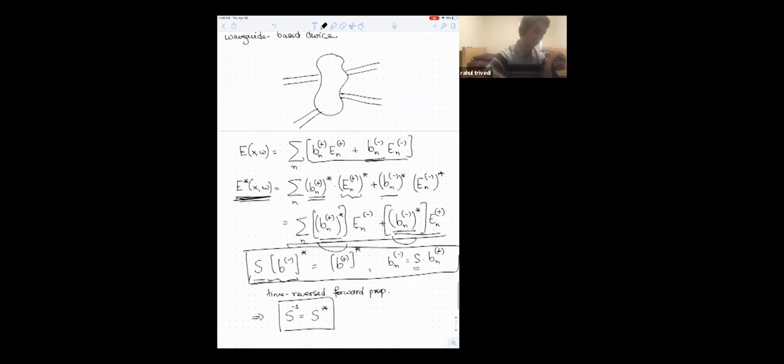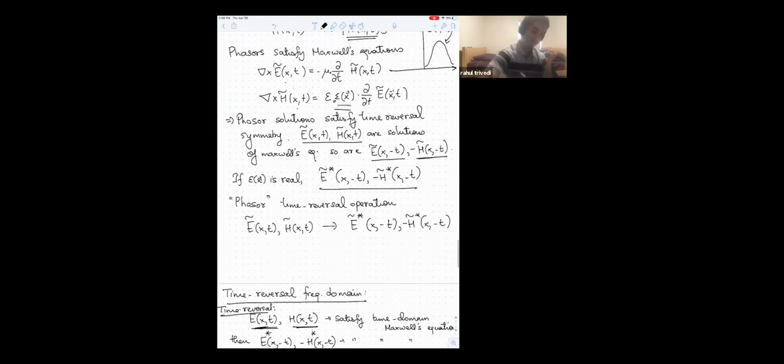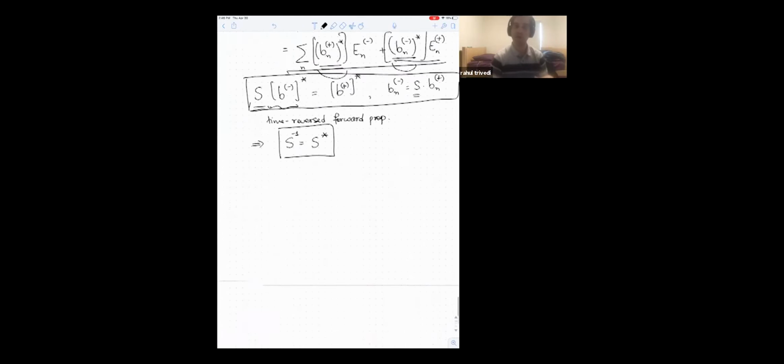And where this comes from very simply is that in writing down this time reversal symmetry, this conjugation operation will only hold if epsilon is real, right? So the moment epsilon becomes complex, your time reversal symmetry breaks. And epsilon becoming complex can happen if there is any loss in your system.